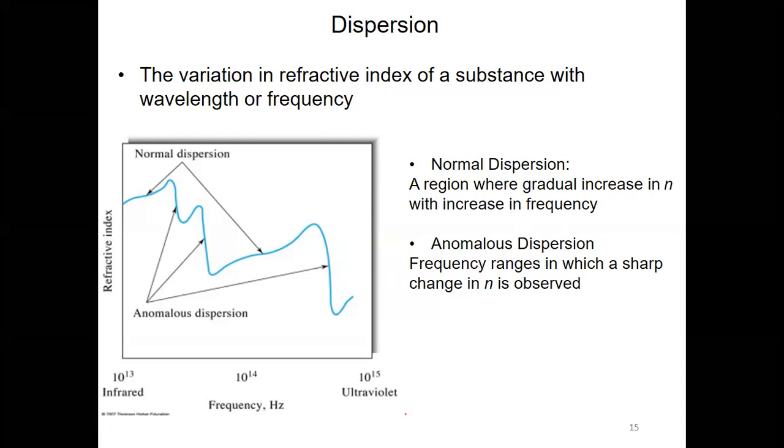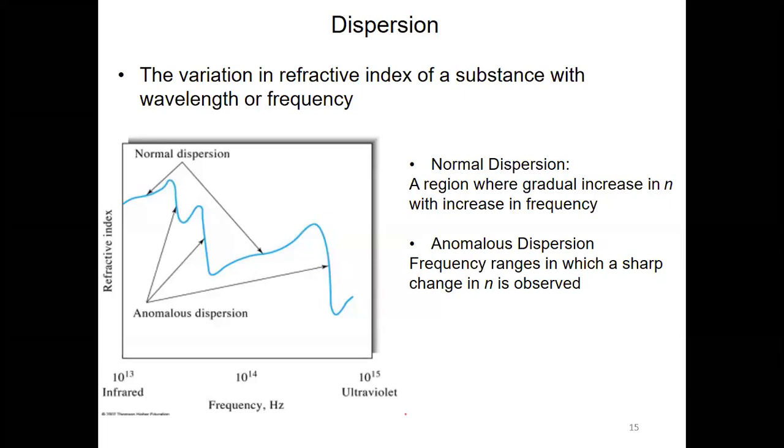But okay, for example, your question is, if there's a sharp increase of the refractive index, can we say it is anomalous dispersion? That's your question, right? Yes, madam.